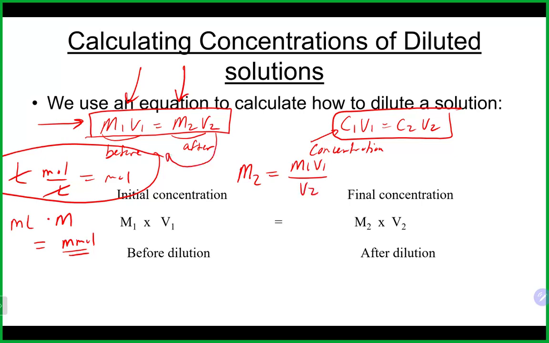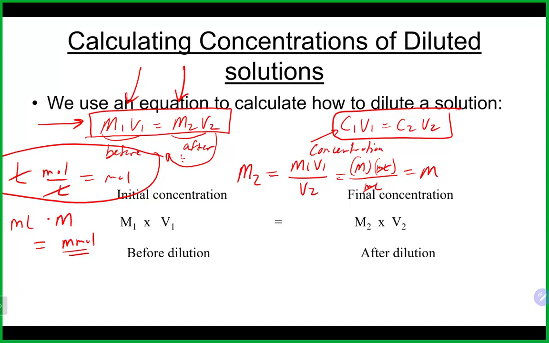Basically, just divide that to the other side. And if we put in our units with milliliters, you would have molarity times milliliters divided by milliliters. They cancel and you're back to molarity. So it works out okay in this formula. And if you did it in liters, you would just get liters at the end if you solved for volume as well.